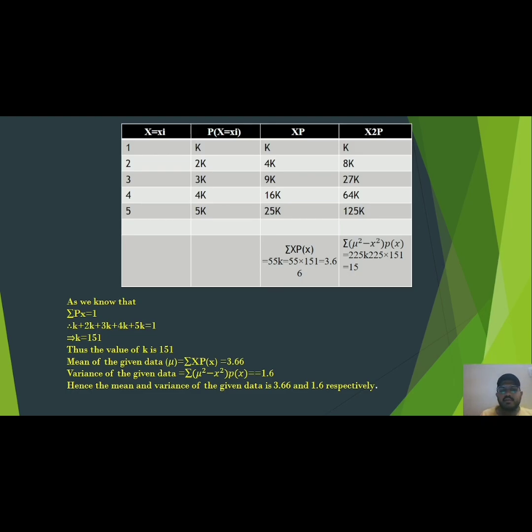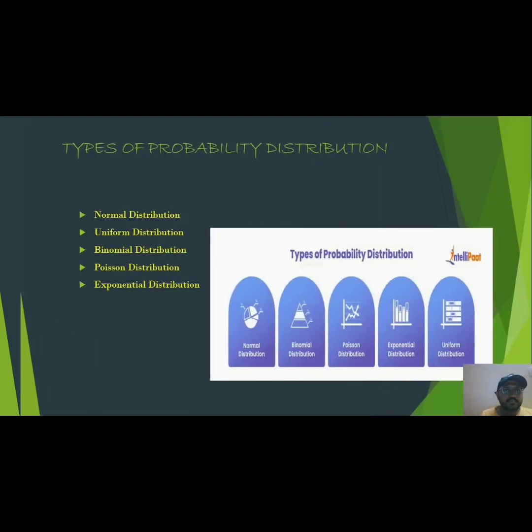Then the mean and variance of the given data are 3.6 and 1.6 respectively.